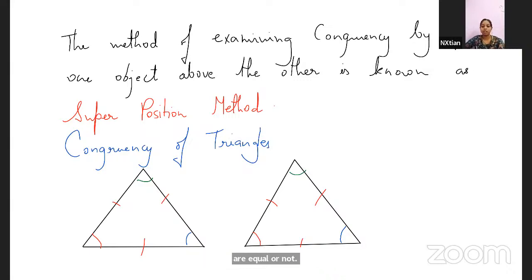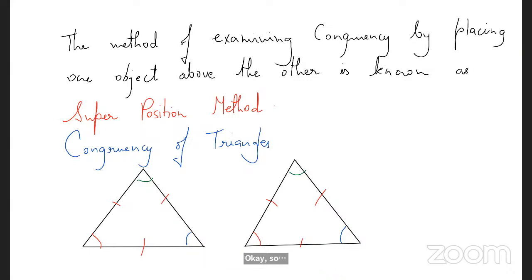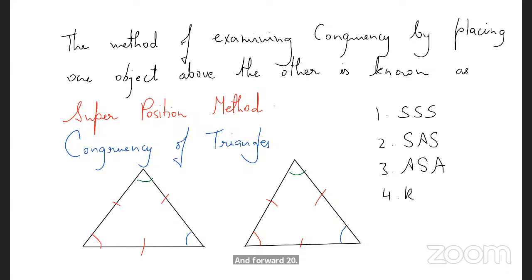So the properties that we are going to study: first one is SSS, side side side. Second one, SAS, means side angle side. Third one, ASA, angle side angle. And fourth one, RHS, right angle hypotenuse side. This is for the right angle triangles.